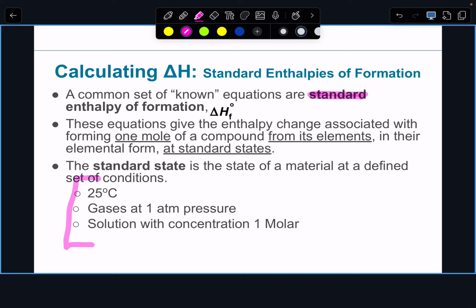So this is not STP like in gases, because that was 0 degrees Celsius. And standard states when we're talking about enthalpy are more like room temperature, so 25 degrees Celsius. If there are any gases, they're going to be at 1 atmosphere. And if there's any solutions, they're going to be 1 mole per liter.